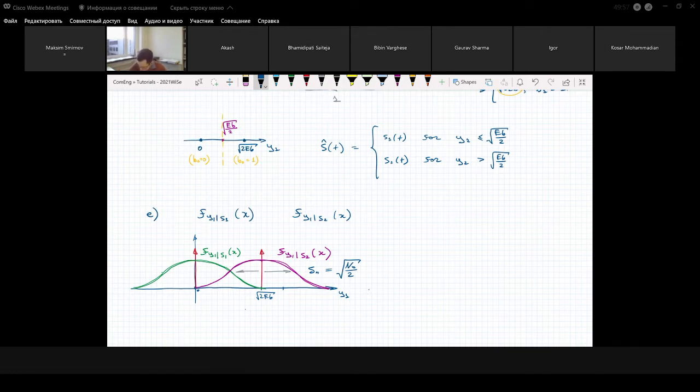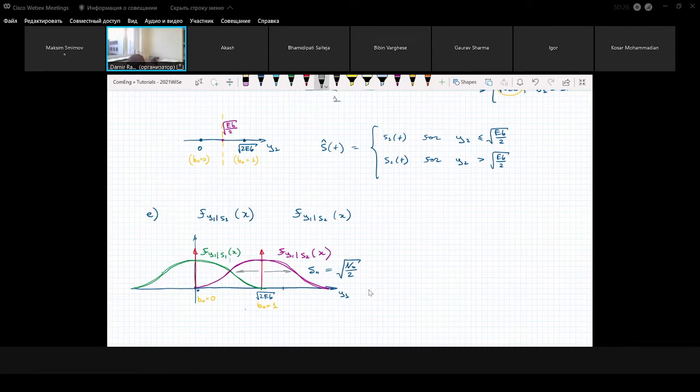Okay, also I can specify that B0 equals 0 is our green curve, and then the other curve is B0 equals 1. Also, what we need to specify and what we're going to use next is where the threshold is.